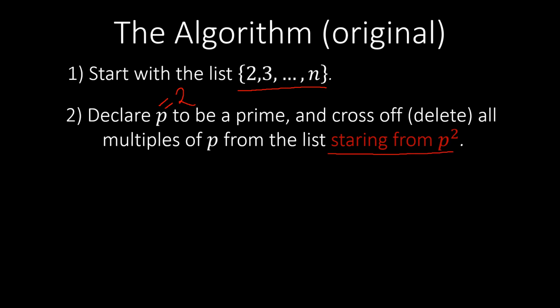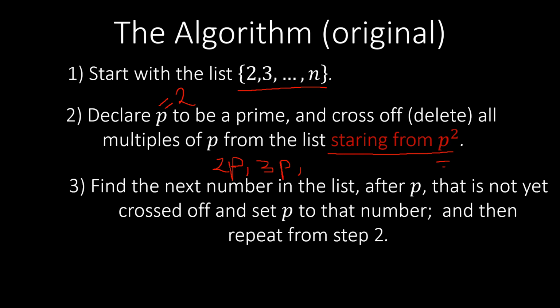Now this is a little bit of an improvement because you don't have to say 2p, 3p, 4p, and so on. The reason you can start from here is because if you have the list 2p, 3p, and so on, those numbers were already crossed off when they were considered multiples of 2, 3, and so on. So you can start from P squared.